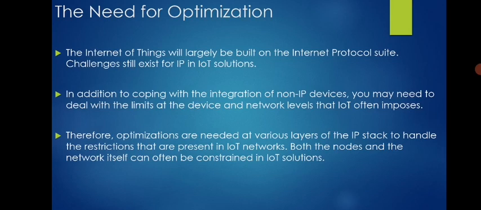Both the nodes and the network itself can often be constrained in IoT solutions. So we need to implement optimization at different levels of our network, so that we can address the limitations that IoT devices or the IoT network pose. We'll see how it can be done.